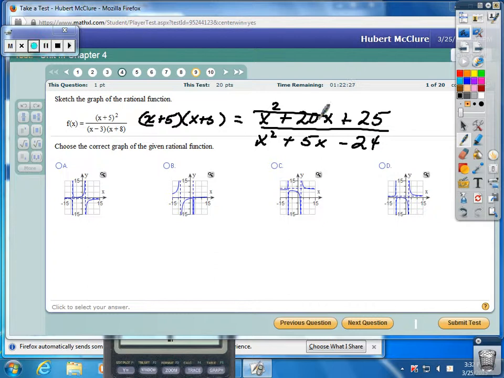So these go out and these go out, plug 0 in right there. You get 25 over negative 24, which is negative 1 and 1/24.